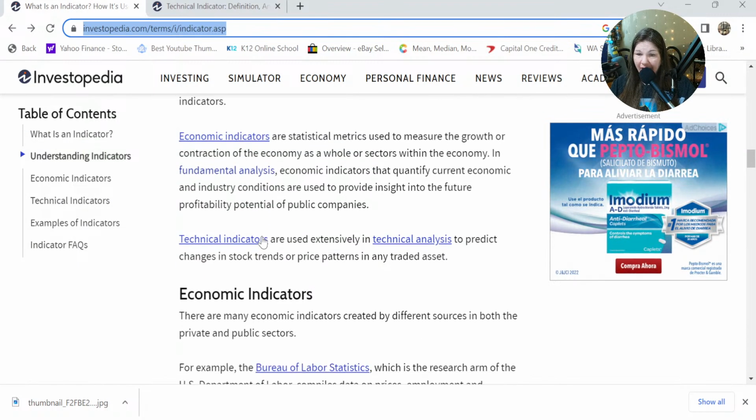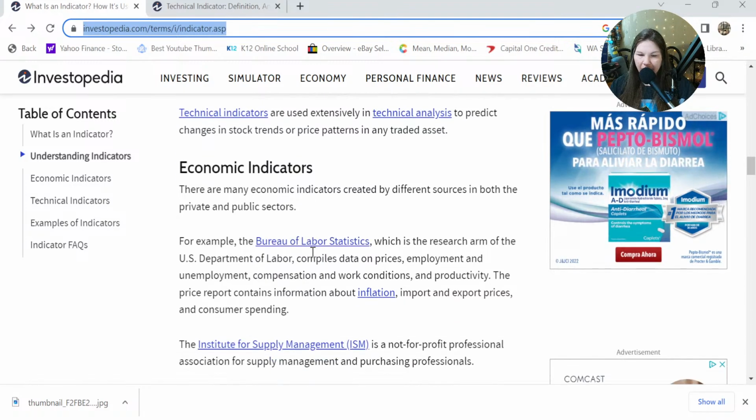In fundamental analysis, economic indicators that quantify current economic and industry conditions are used to provide insight into the future profitability potential of public companies. Technical indicators are used extensively in technical analysis to predict changes in stock trends or price patterns in any traded asset.